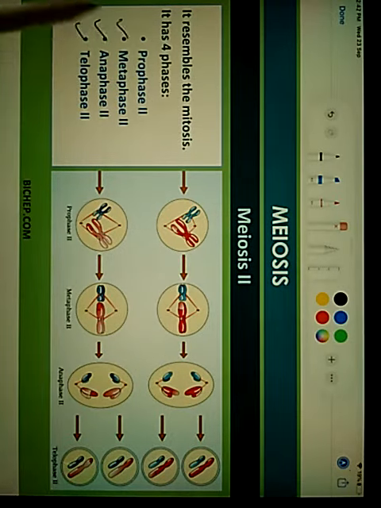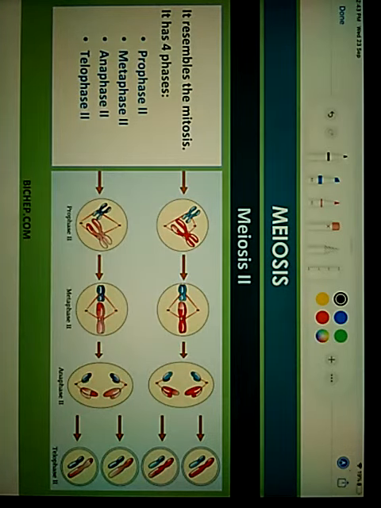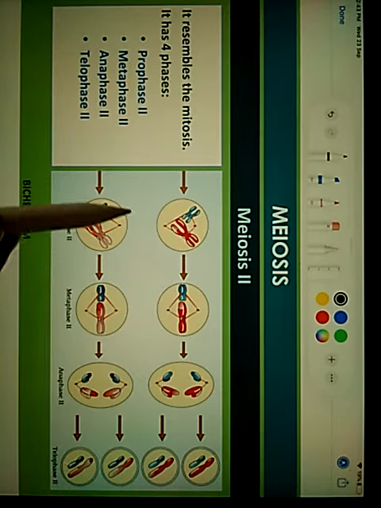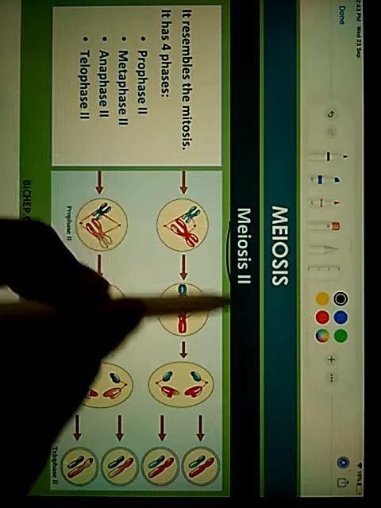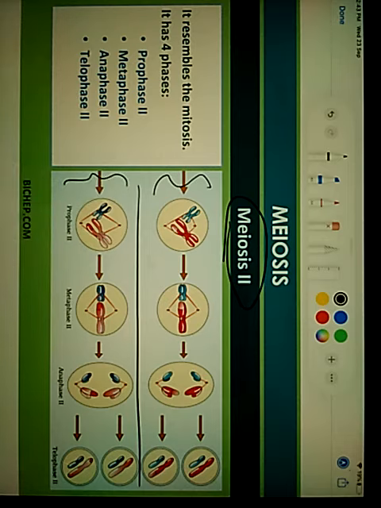Ready? In other words, I am revising mitosis again, but the only thing is that here in meiosis II it is happening with two haploid cells together. Both the cells go through a divisional state which resembles mitosis.